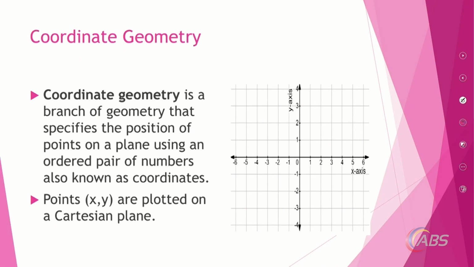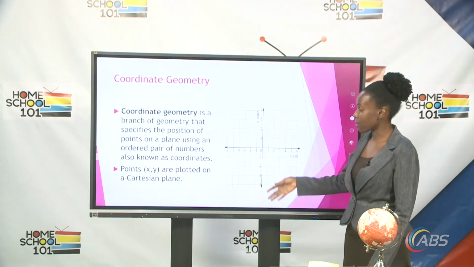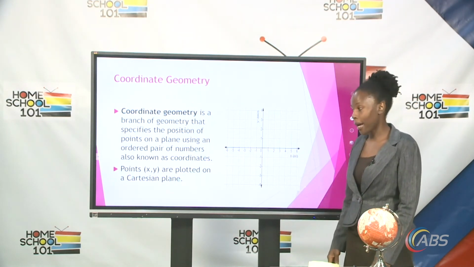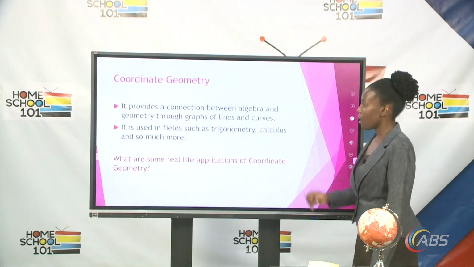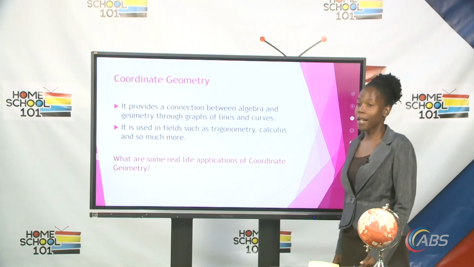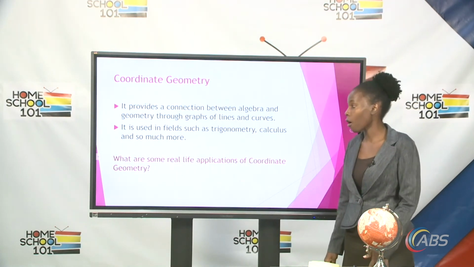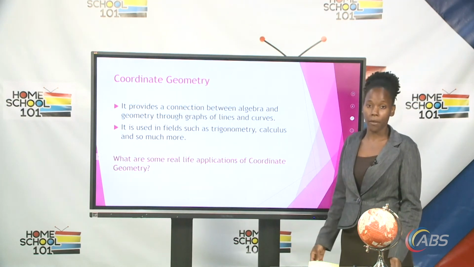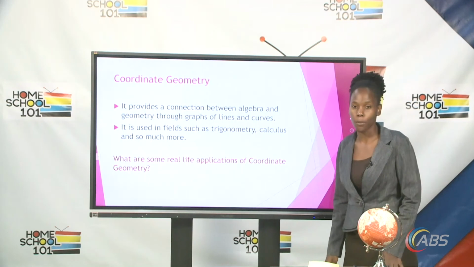Here we have a Cartesian plane being displayed where the horizontal axis is our x-axis while the vertical axis represents our y-axis. Coordinate geometry provides a connection between algebra and geometry through graphs of lines and curves. It is used in various fields such as trigonometry, calculus, and so much more.